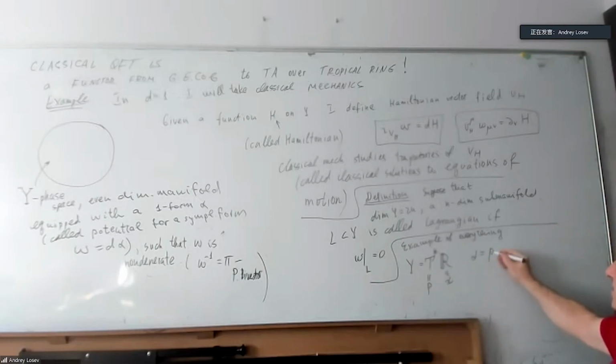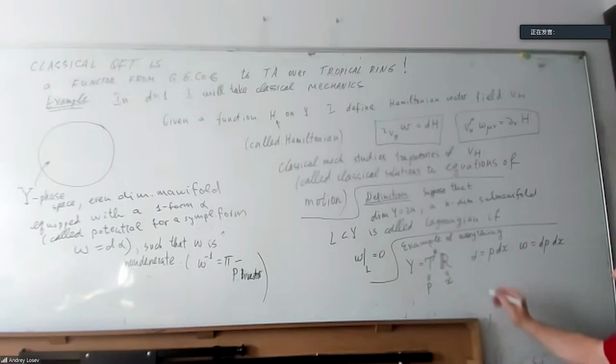Alpha is p dx. Omega is dp dx. Let us take H equal p squared plus x squared.